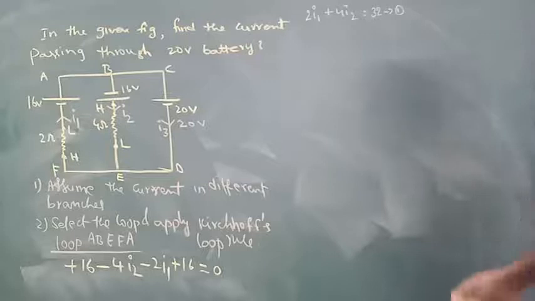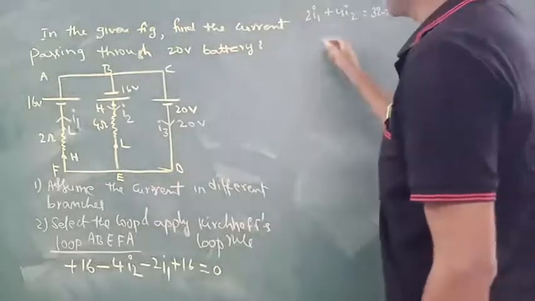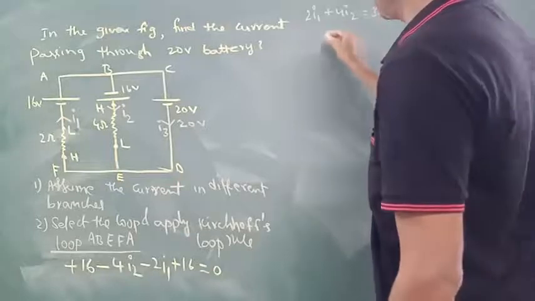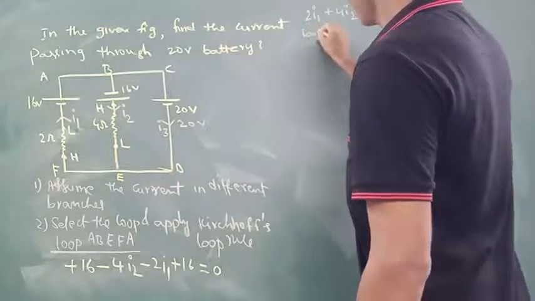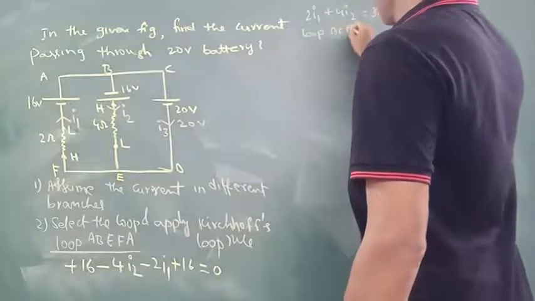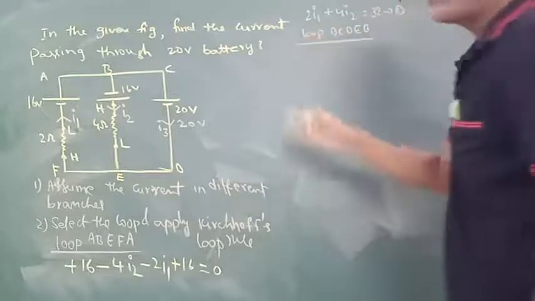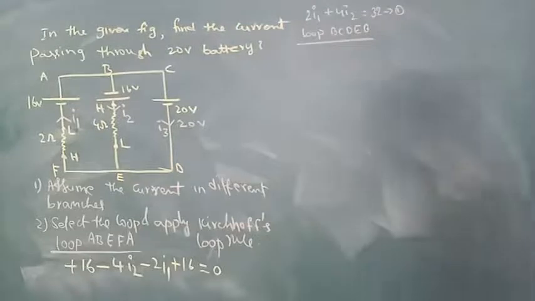Next, apply the same rule for loop BCDE. In between B and C there is no cell, there is no resistor.